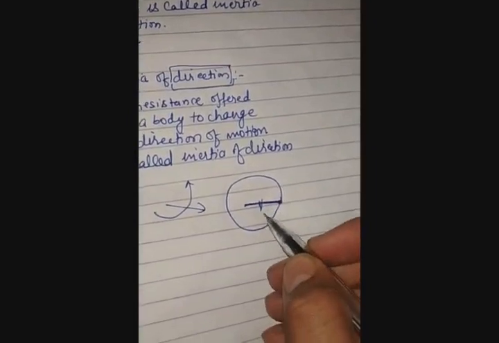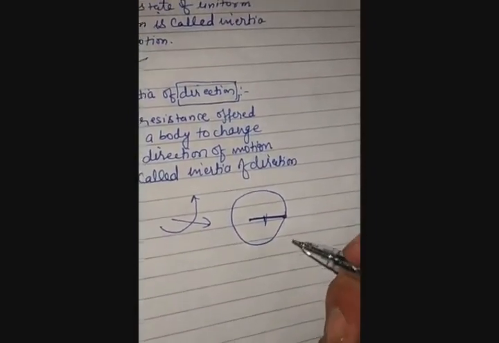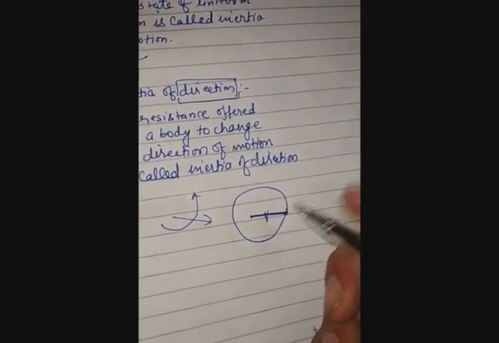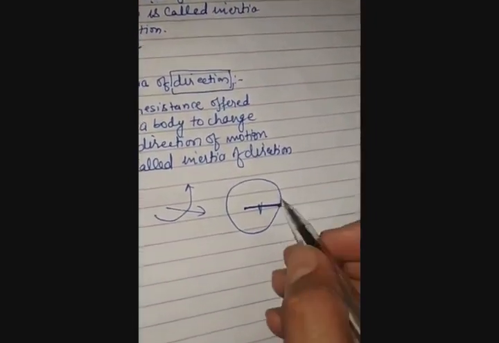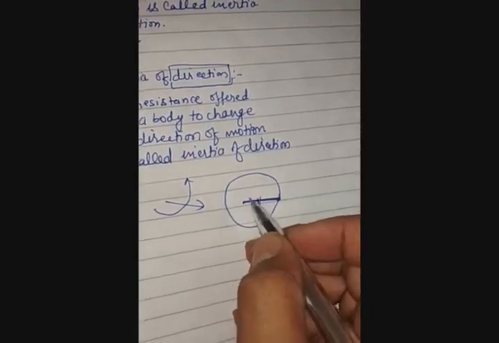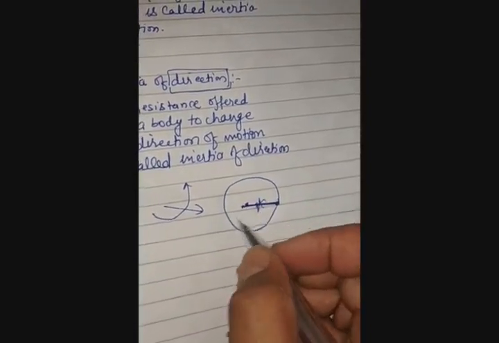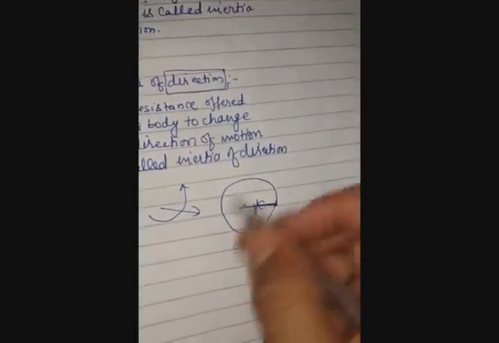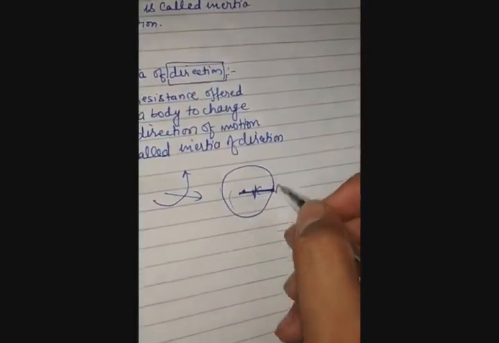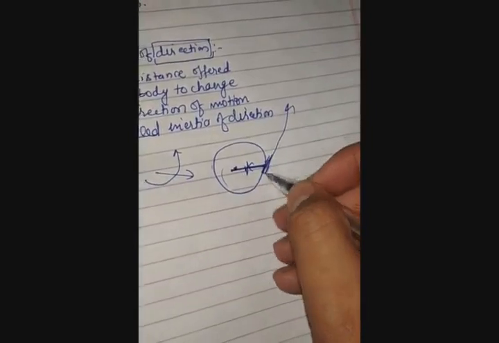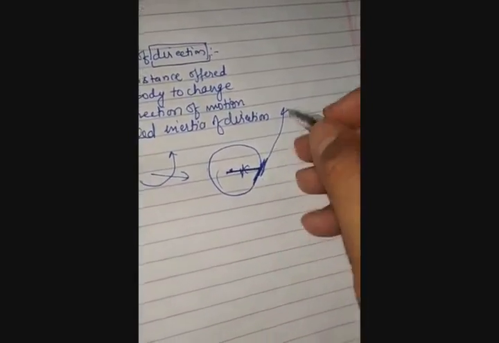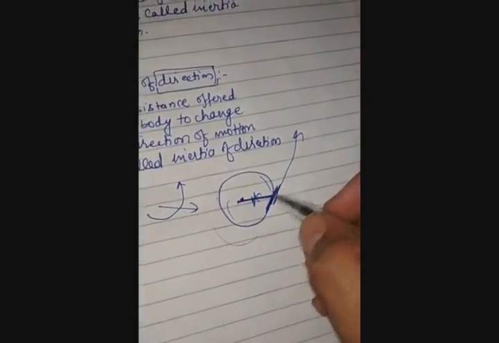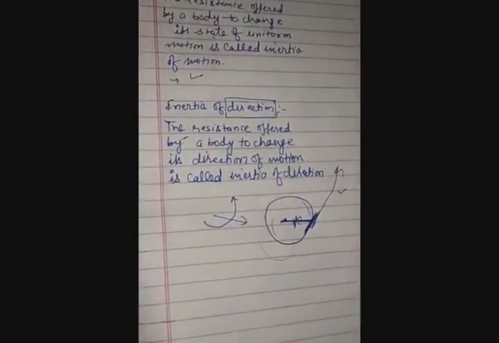The stone flies off tangentially due to inertia of direction. If it is rotating around a fixed point and you cut the thread, after cutting it, it will move in the direction of the tangent of this circle. Okay? So these things come due to inertia of direction.